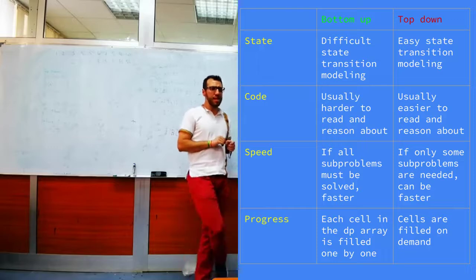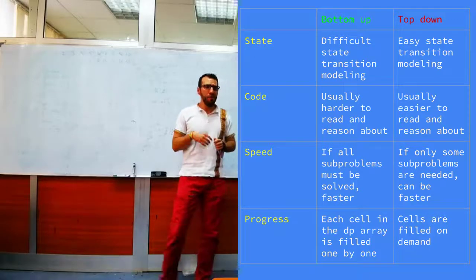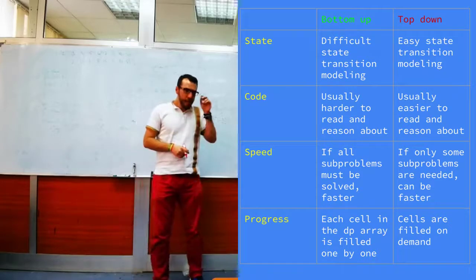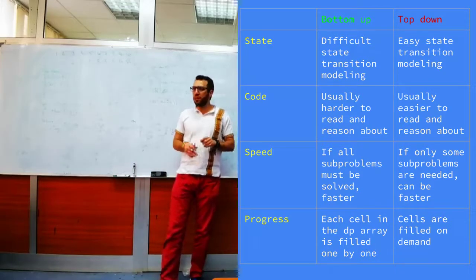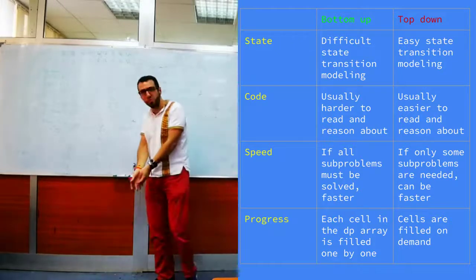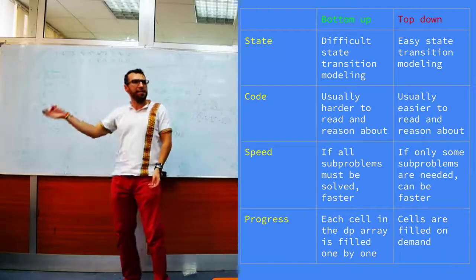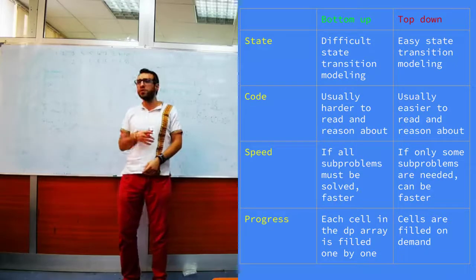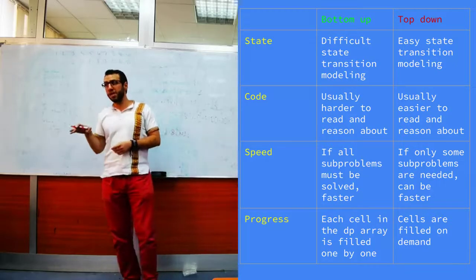And the last criterion is progress. How does the progress happen? It's also related with speed. Once we use the bottom-up approach, we need to fill up all the cells. There is no escape because we construct from the beginning. We know maybe where to end, like if n is given. But up to that point, we basically need to solve all the sub-problems to reach that point.